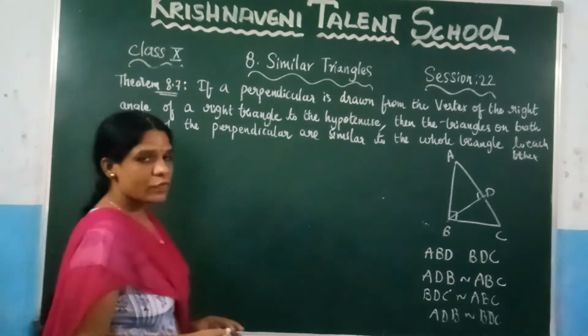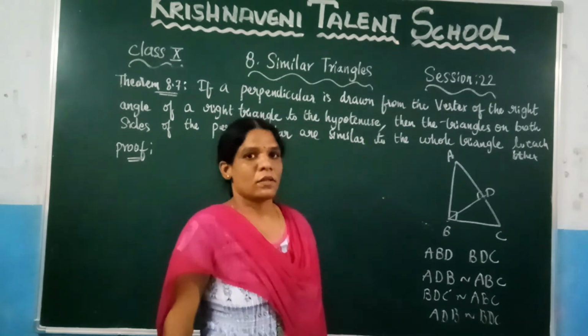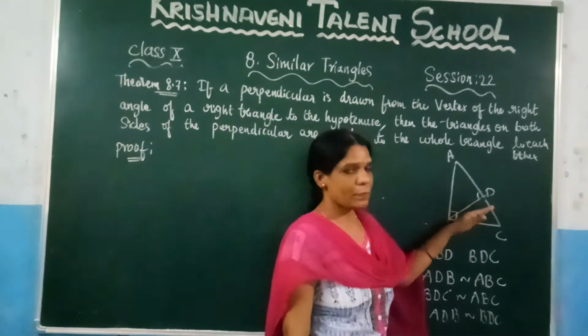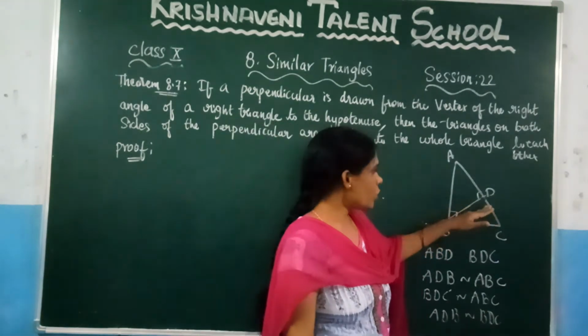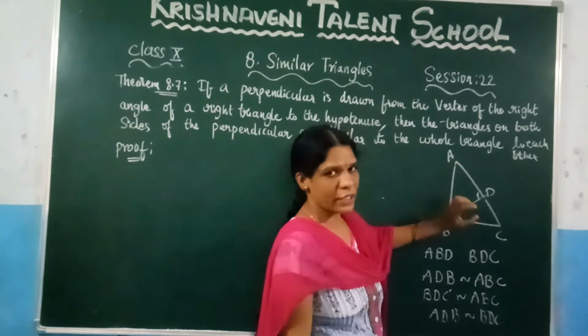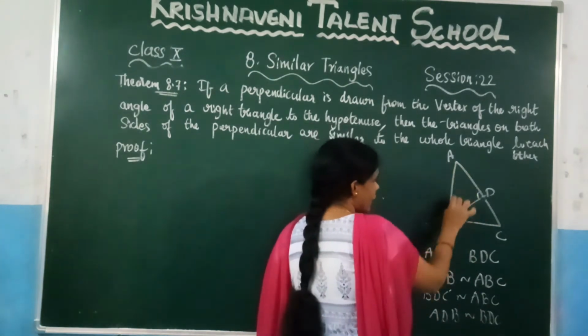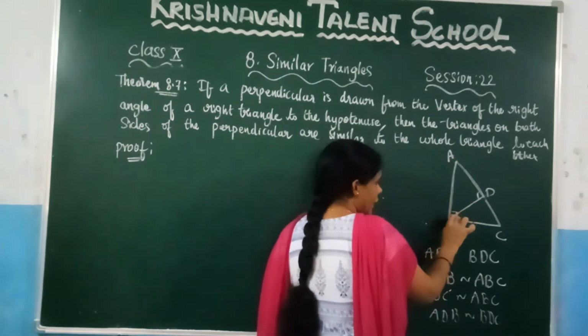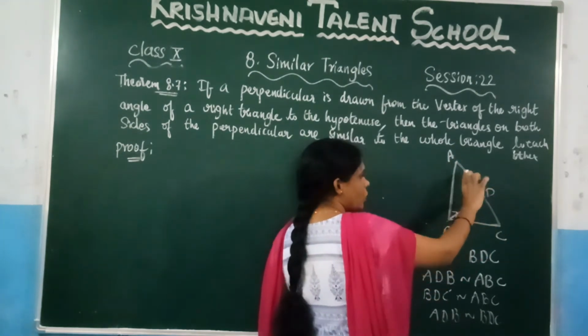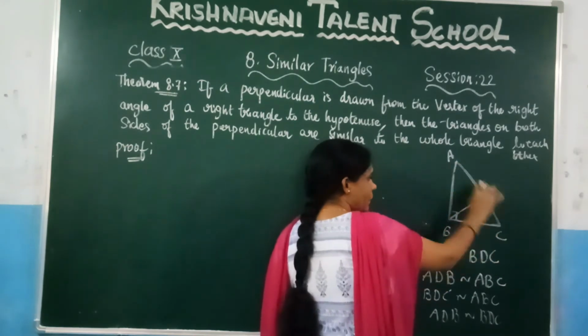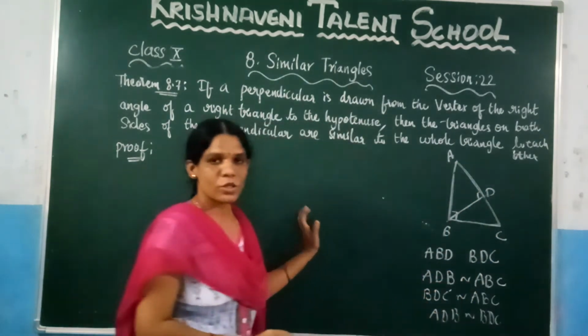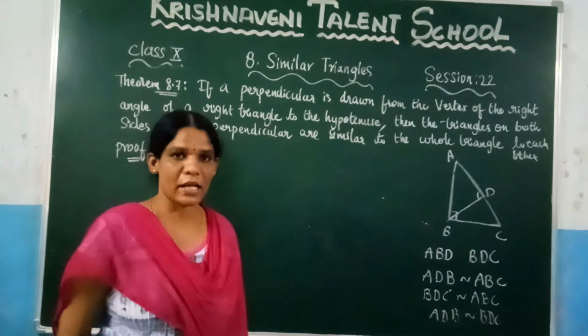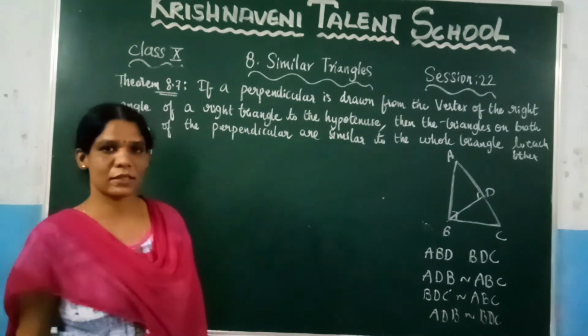So here, what we need to prove here, the perpendicular is drawn here on both sides of the triangle. You need to take here this triangle, which is triangle ABD, and you need to take the bigger triangle, which is ABC. You need to prove here the smaller triangle and the bigger triangle are similar. So if you want to prove those two triangles are similar, let us consider those triangles.